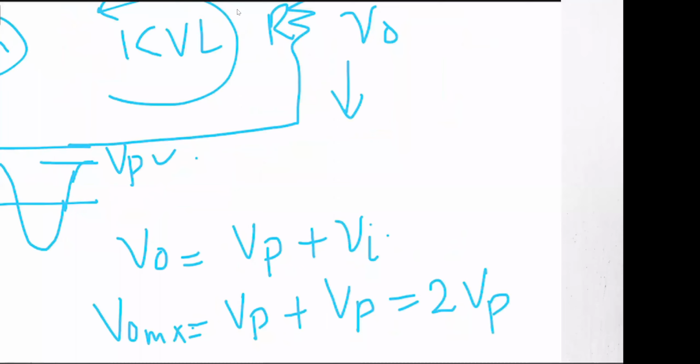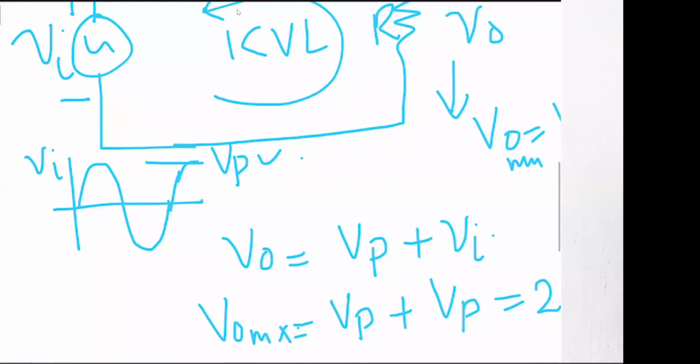And similarly, if I want to see the minimum value of V naught, V naught minimum should be equal to VP plus VI minimum. If you look at the sine waveform, the maximum value is VP.